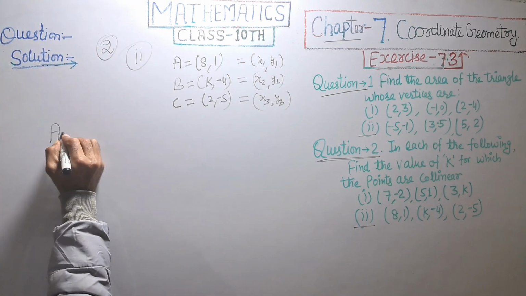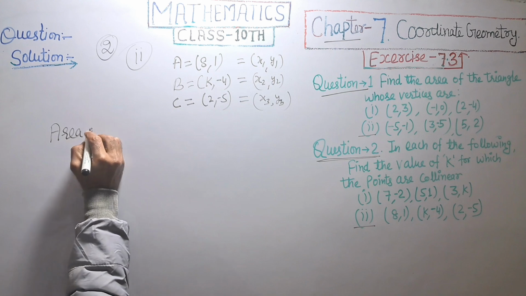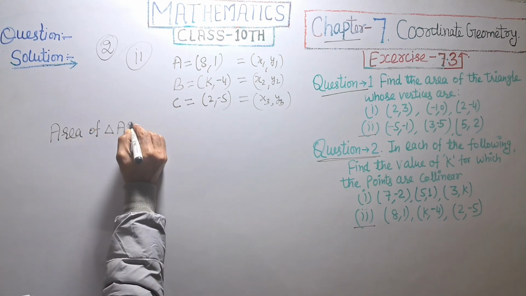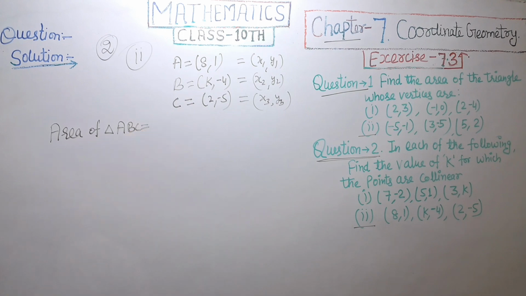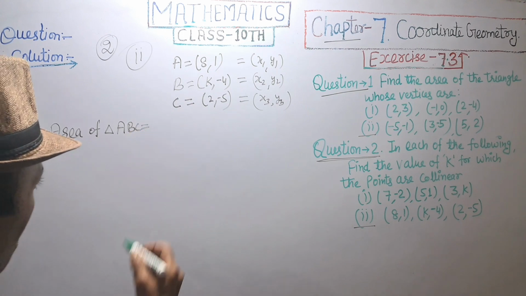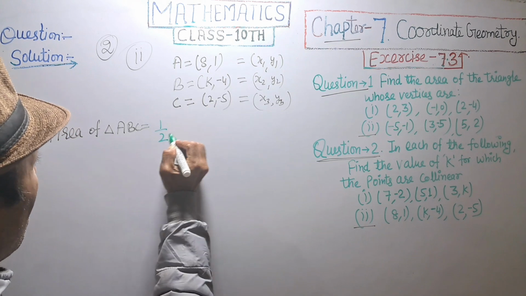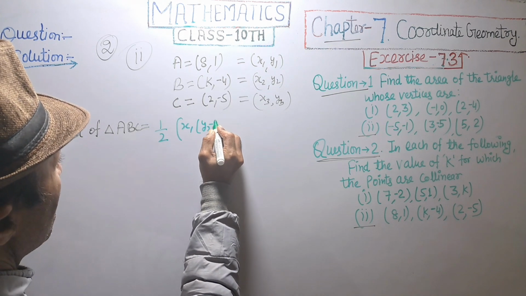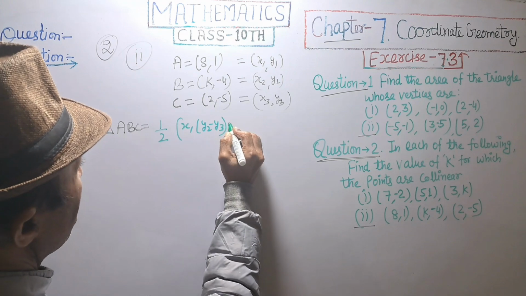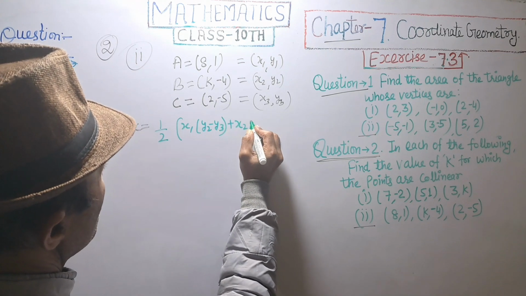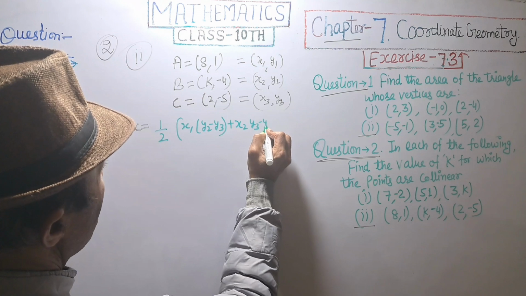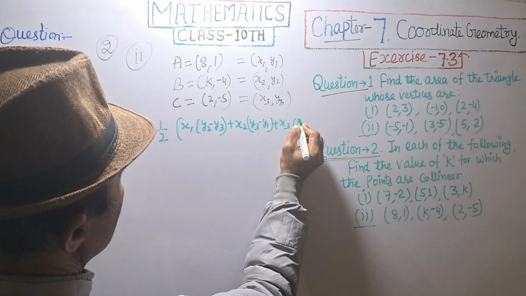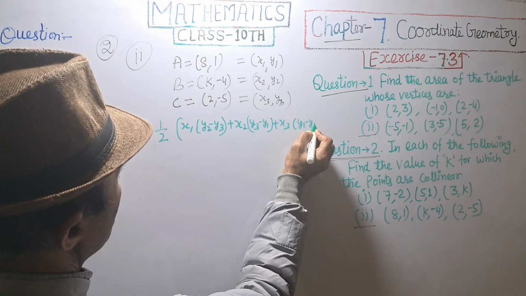Area of triangle ABC is equal to half into x1 y2 minus y3 plus x2 y3 minus y1 plus x3 y1 minus y2.